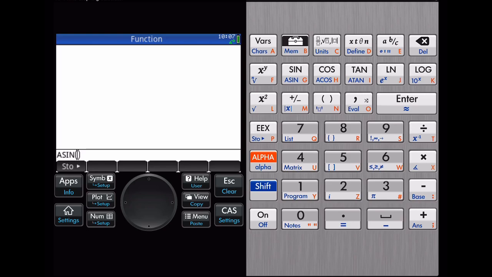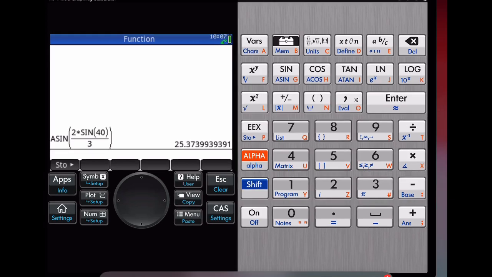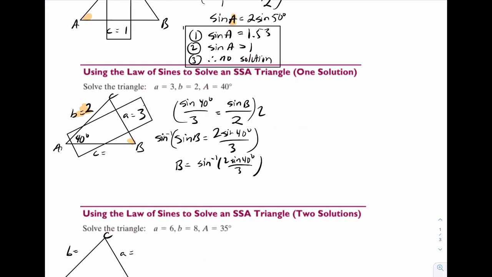So arc sine, put your fraction right there, and then 2 sine 40 over 3. And we're going to round to the nearest tenth for this. 25.4. So B equals 25.4.